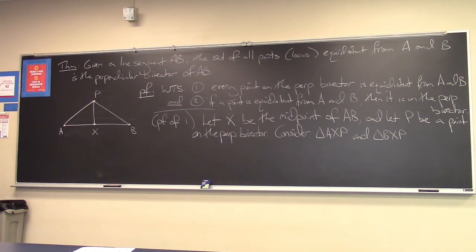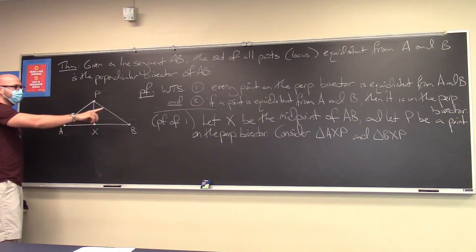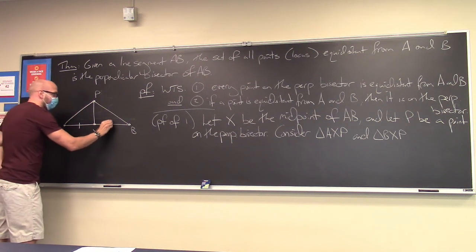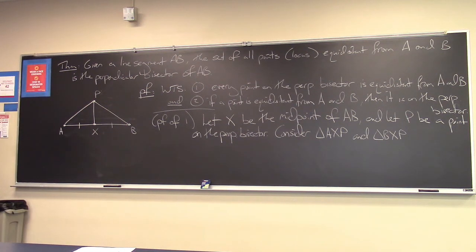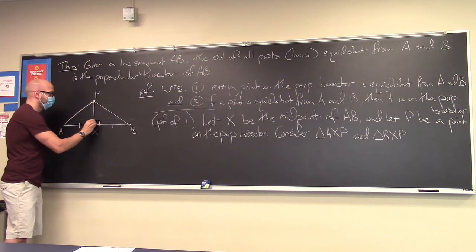Do I know anything about side lengths in this picture? Any angles? Anything? Yeah, so by definition of X, AX and BX are equal in length. What else? 90 degrees in the middle. So I've got 90 degrees right here.